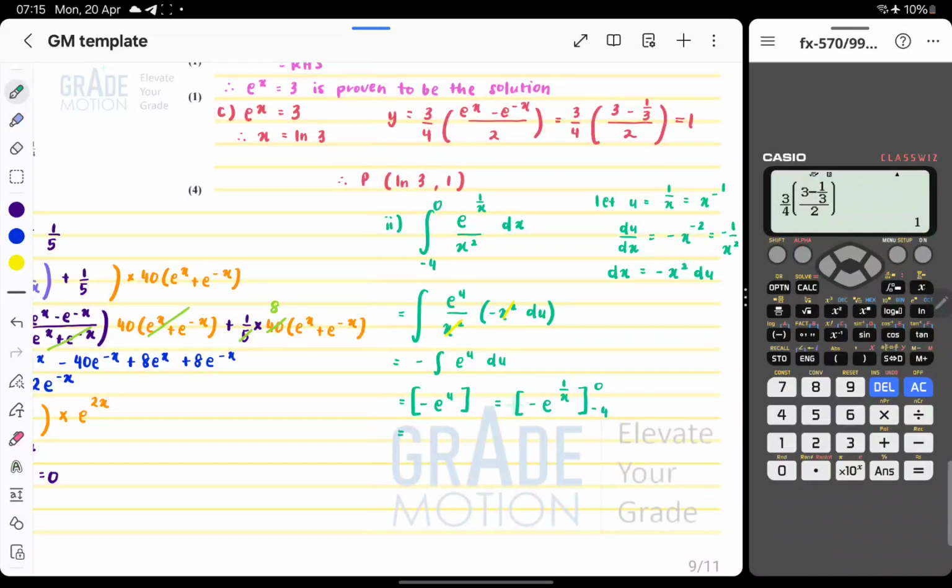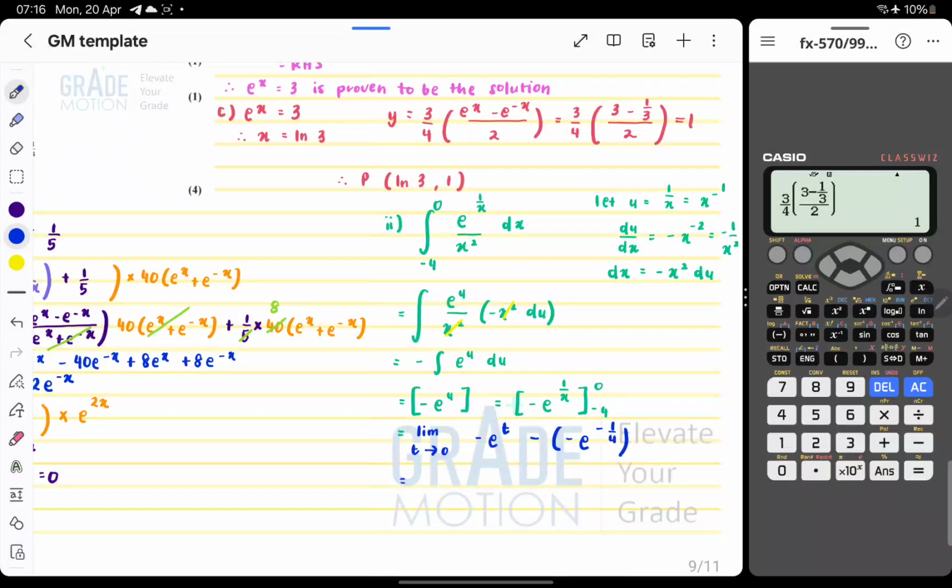So what we're going to do instead is this. It would be the limit t to 0 of negative e to the power of 1 over t, minus negative e to the power of negative 1 over 4.